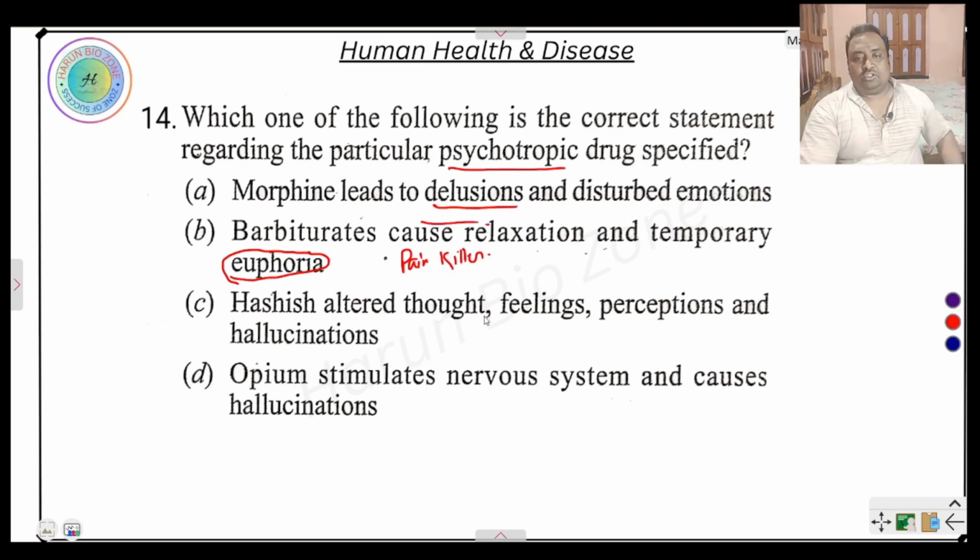Hashish causes altered thoughts, feeling, perception, and hallucination. Hashish is also from Cannabis sativa. Hashish is a form of marijuana. It is a psychoactive drug.